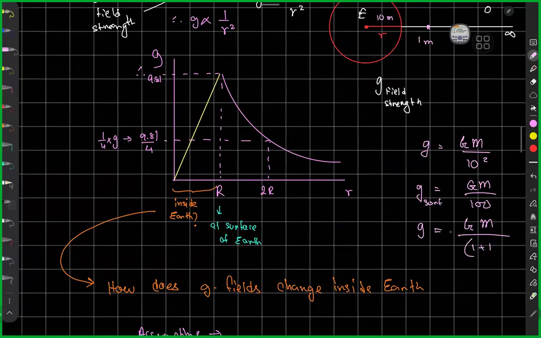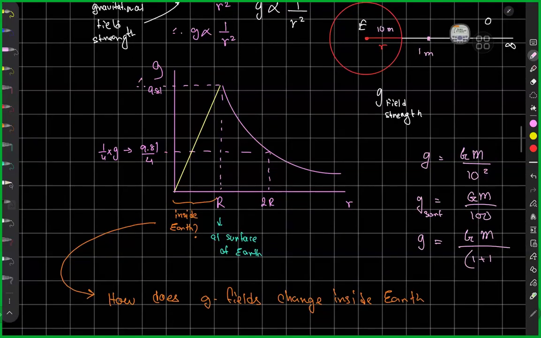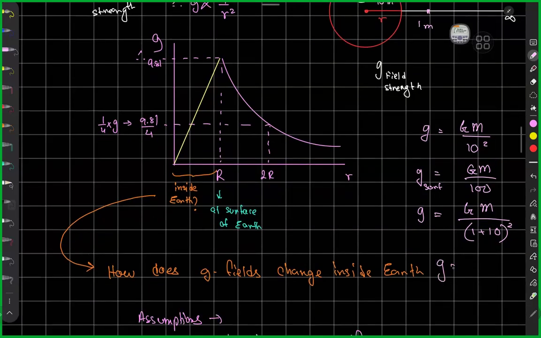Now, in this new case, when I have it 1 meter away from the surface, the total distance from the center of Earth is (10 meters plus 1 meter) whole square. 1 meter away from Earth's surface, and 10 meters is the radius. Fair enough. So what is my g now? 1/121, since 11 squared is 121. So this is now the new gravitational field strength.